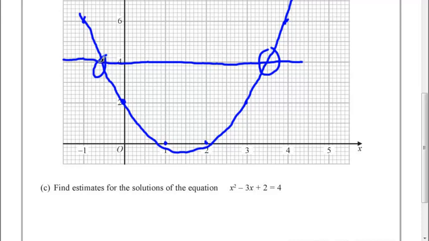Our values are, here looks to me around about minus 0.6. And the other solution equals, well, they're going to be symmetrical, so 3.6.